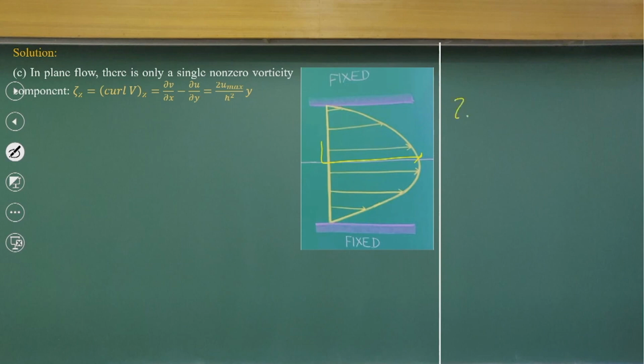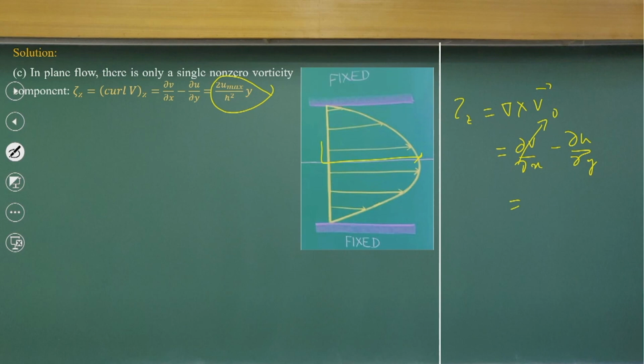So, going back to fluid kinematics, we are looking for curl v in the z direction. That is del v by del x minus del u by del y. So, v is 0, and only the partial derivative with respect to y remains, which comes to this value. So, a non-zero vorticity component is there.